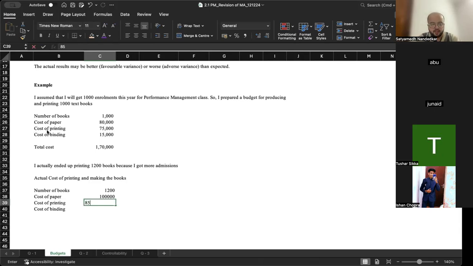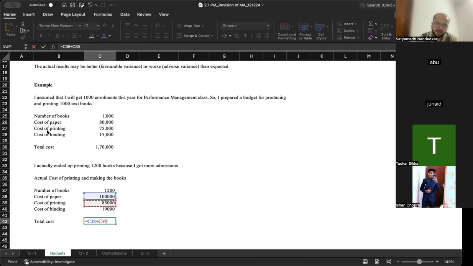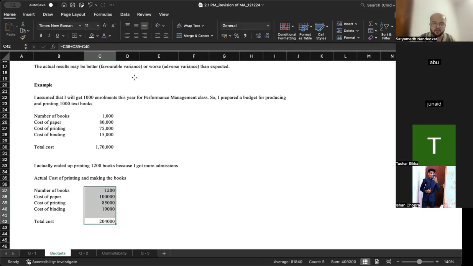This I could get done in 85,000 and cost of binding, maybe I could get this done in 19,000. So my total cost was how much? My total cost was 1 lakh plus 85,000 plus 19,000. That is 2 lakh 4,000.